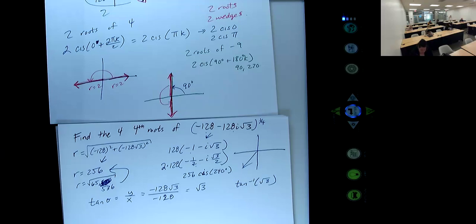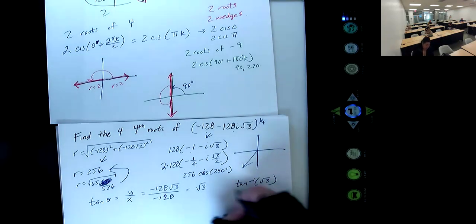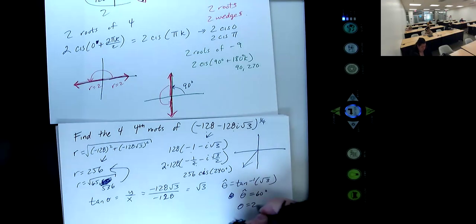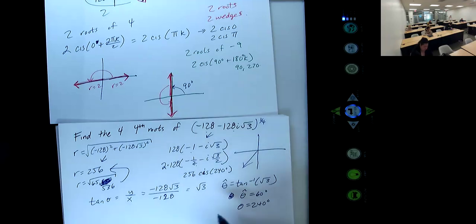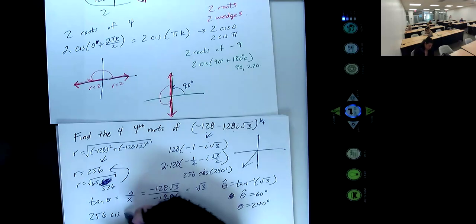I probably could have done it that way. No, I want it in degree mode. Tangent inverse of square root of 3. There we go, 60 degrees. That's my reference angle. I know it's in quadrant 3, so that tells me theta is 240. And so I do get 256 cis 240.